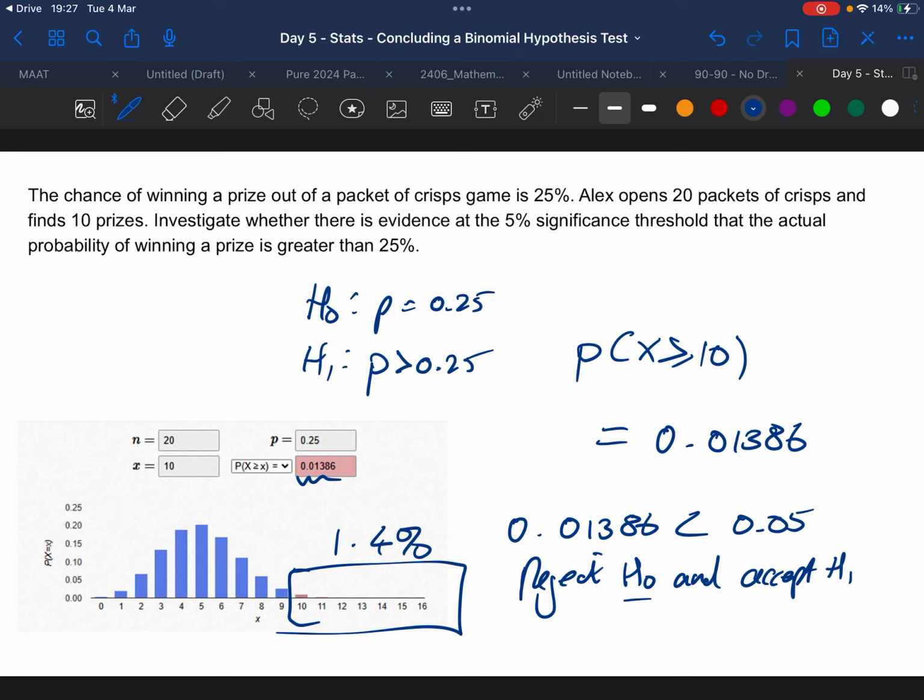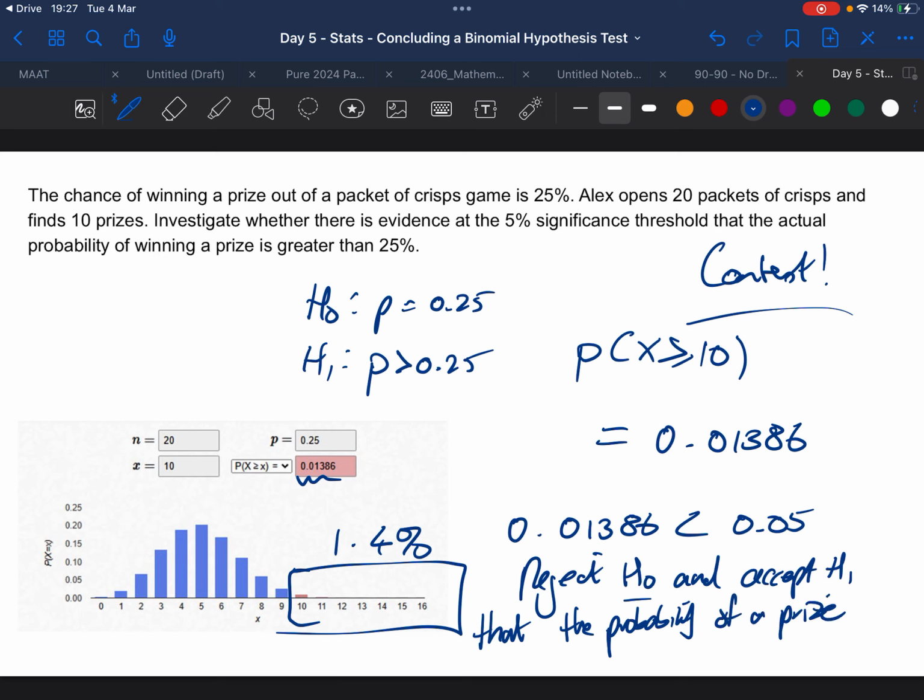This is not enough so far. We must put it into context. So we are going to accept H1 that the probability of a prize, and you really must be this specific, the probability of a prize in a packet. One year I marked, you had to use these exact words.